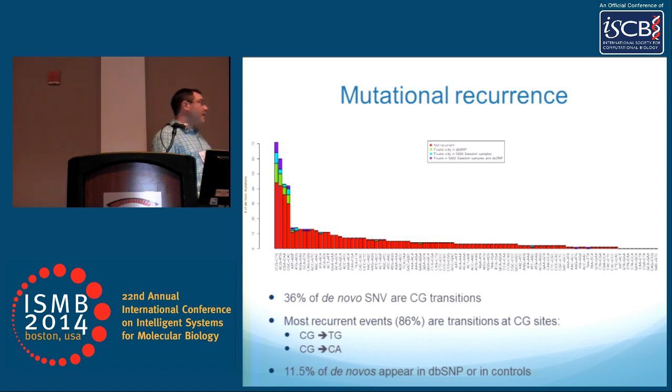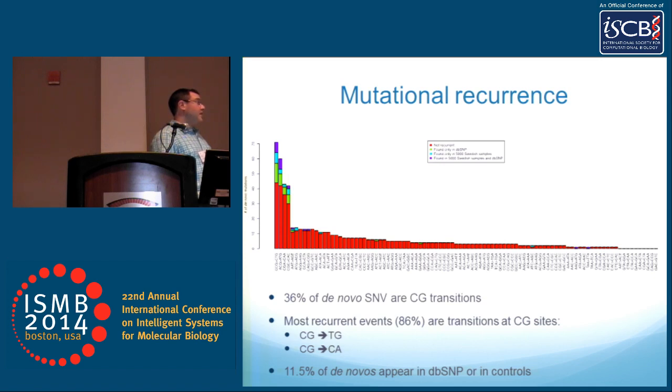If we break it down, the non-red parts of these bars are recurrent. These are de novo mutations at those exact genomic locations that are actually observed in databases, either in another study that I'm going to talk about soon, the controls, or just in dbSNP. These recurrent mutations tend to happen mostly at the CG sites. 86% of these non-red de novo mutations that we found are at CG sites.